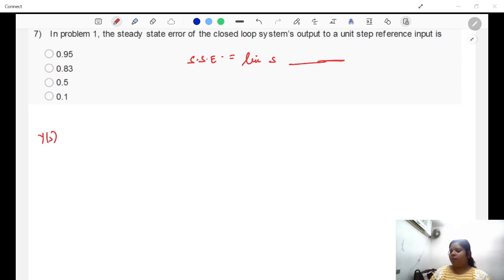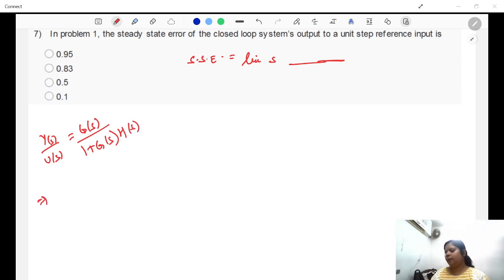So when we had Y(s) upon U(s) is equal to G(s) upon 1 plus G(s)H(s). From here we had made some derivation to arrive at how it is related to the response. So can anyone tell me?